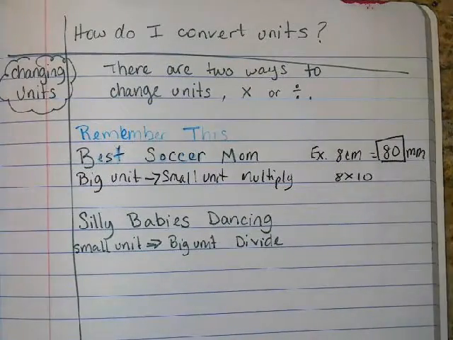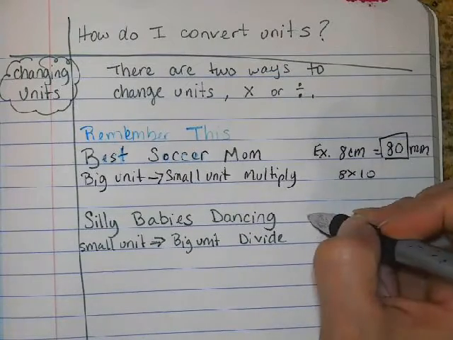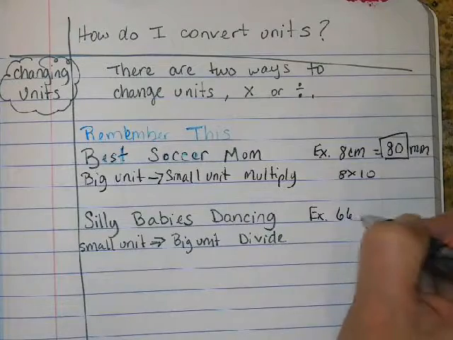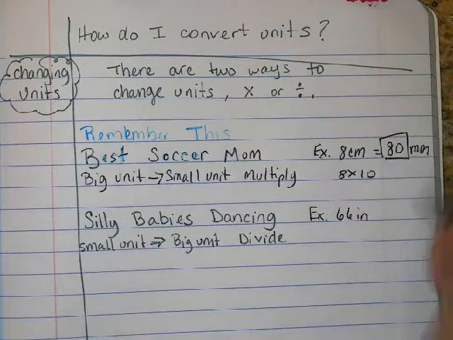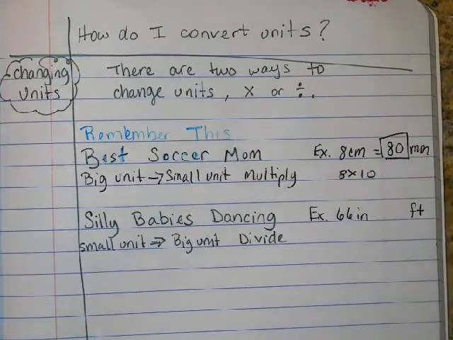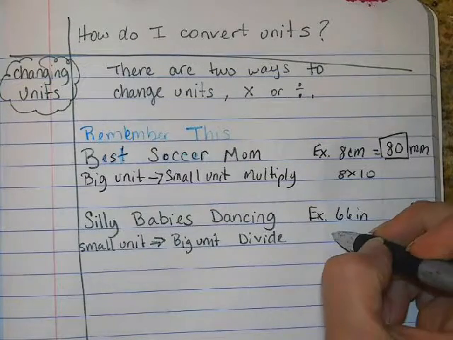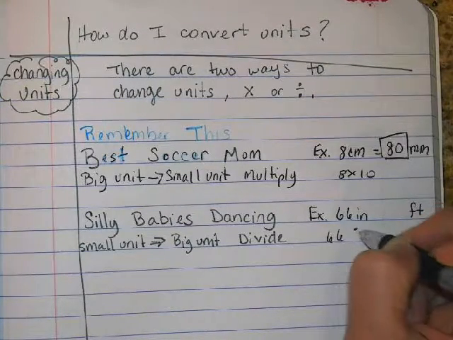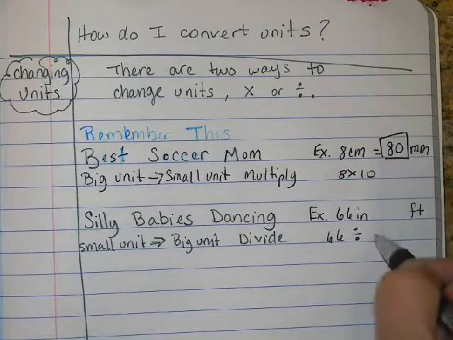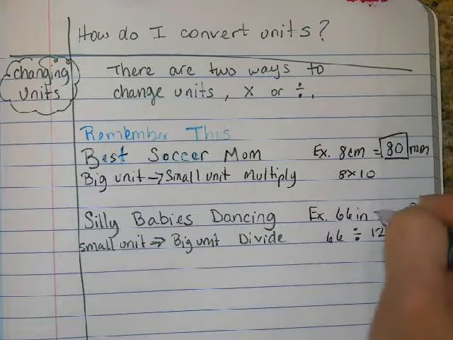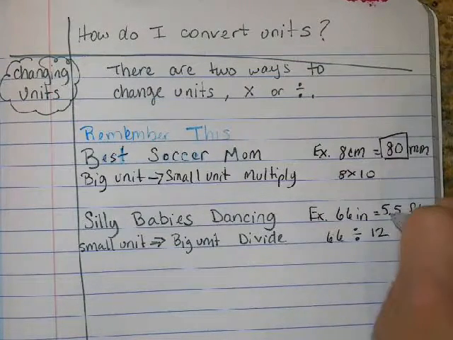So in this example here, if we're going from 66 inches to feet, well, you guys know there's 12 inches in 1 foot, right? So you would take your 66 and divide it by 12. Once you divide that, you should get 5.5 feet.